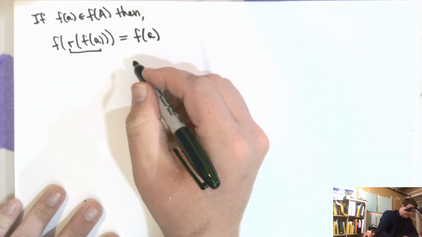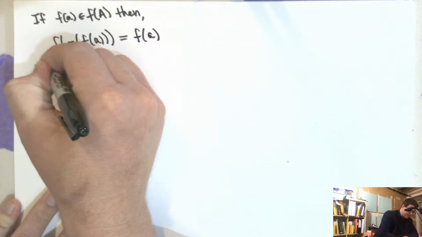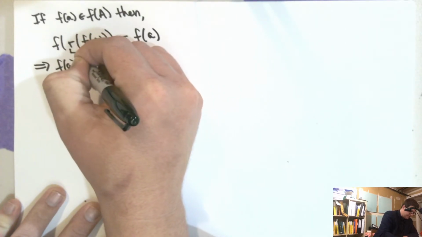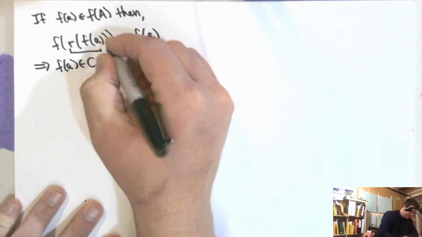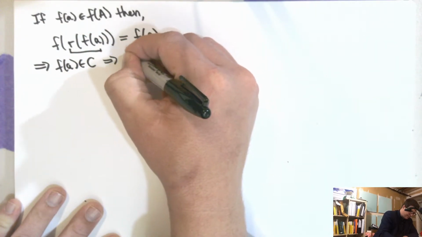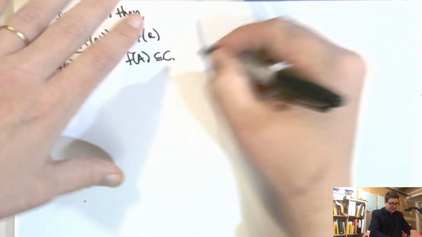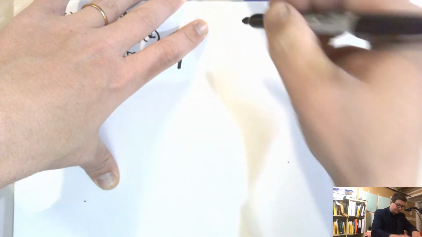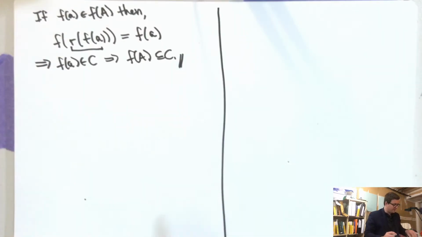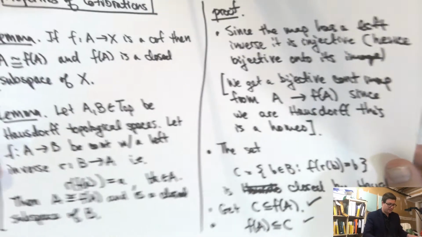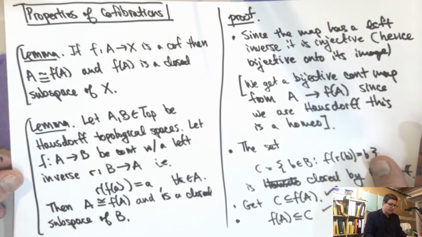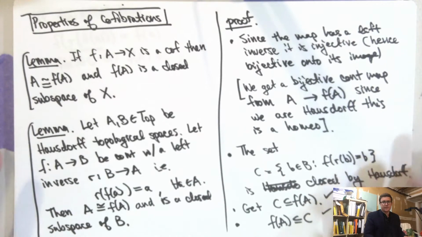This tells us that f of a is an element of C, which proves that f of A is a subset of C, and that concludes the proof. So we have the two subsets contained in each other, so they must be equal. Since this one is closed, the whole thing is closed.